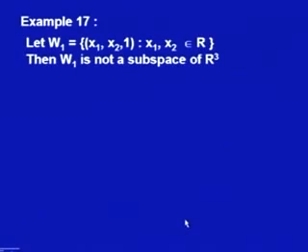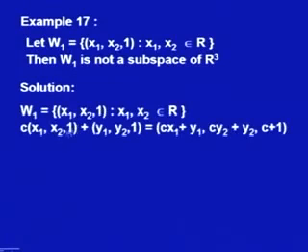Now for the next example, I consider another subset of R cube. Here W1 is the set of x1, x2, 1 such that x1, x2 belong to R. So instead of 0 I now have 1 here, but one can see that W1 is not a subspace of R cube with respect to the usual operations.